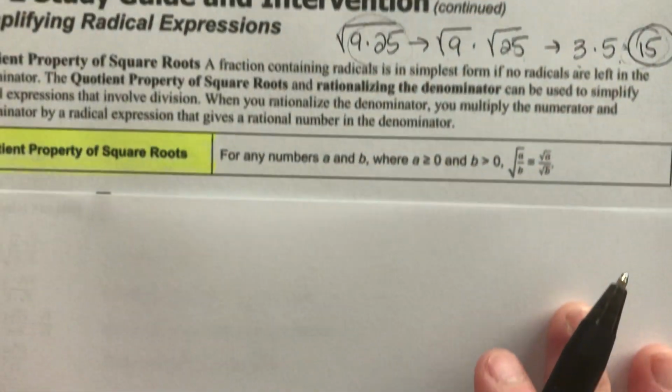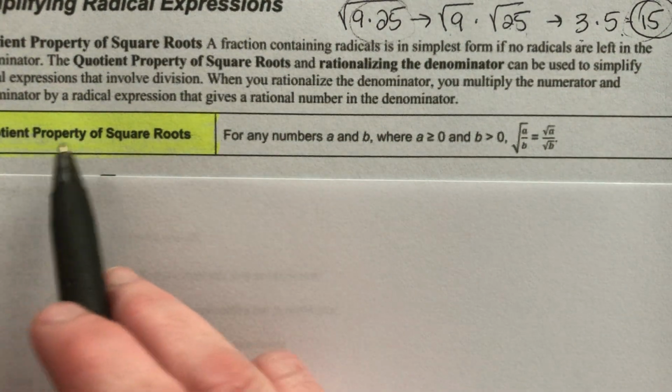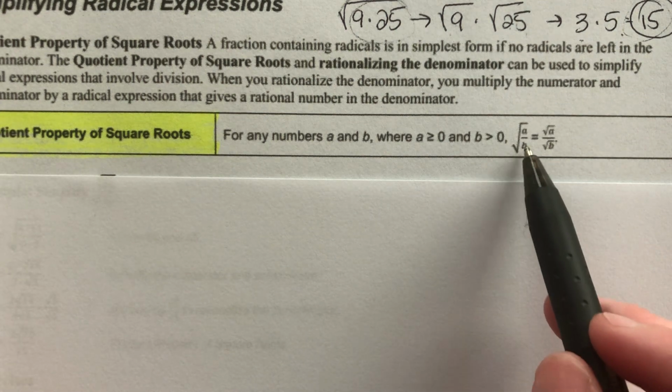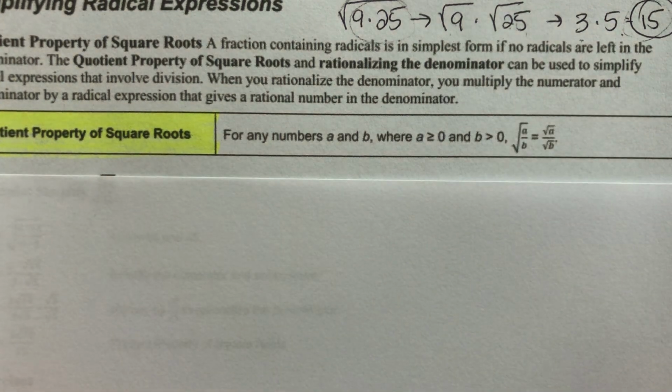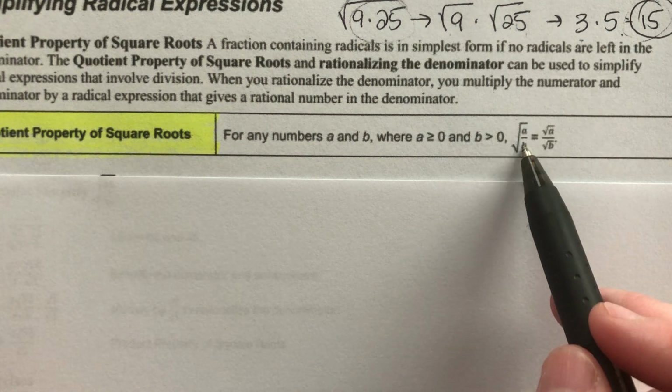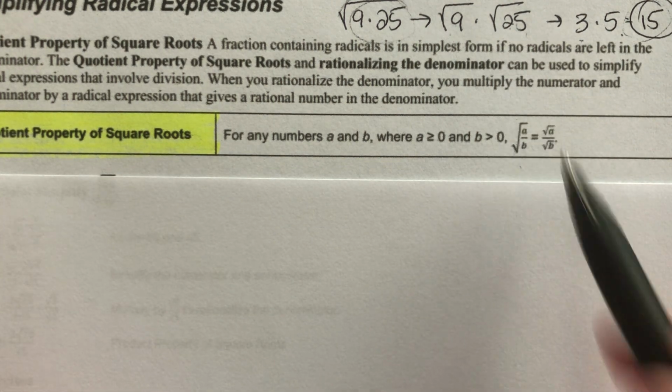So there's a shortcut rule for division as well. It says that if a fraction is under a radical sign, you can separate the top and bottom of the fraction into their own radical signs.